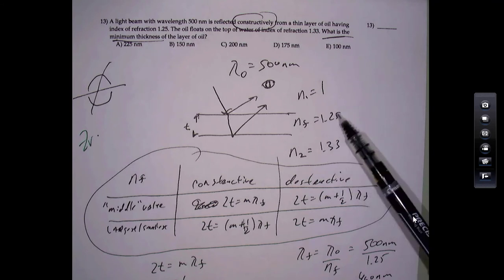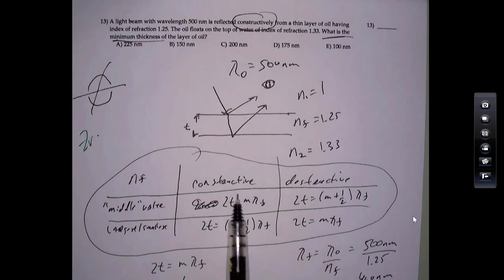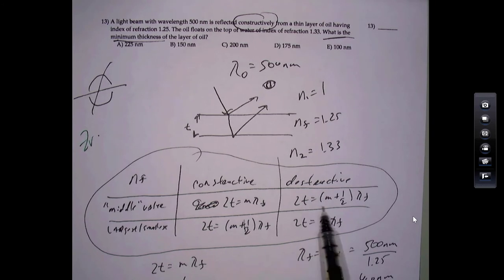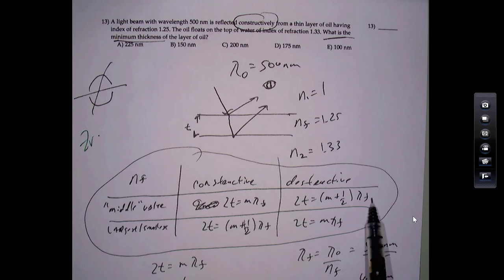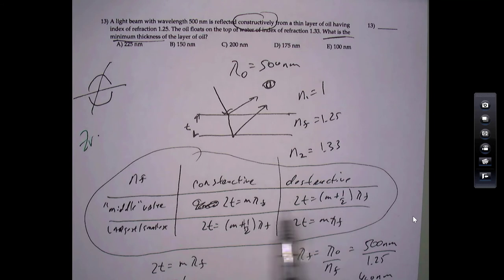Okay, so if it is the middle value, and it turns out in this problem it is the middle value, for constructive interference, 2t is equal to m, which is 1, 2, 3, 4, 5, etc., times the wavelength in the film. Destructive interference would be 2t equals (m plus a half) times the wavelength in the film. That's where you get anti-reflective coatings, things like that. Constructive interference, we're actually seeing it.